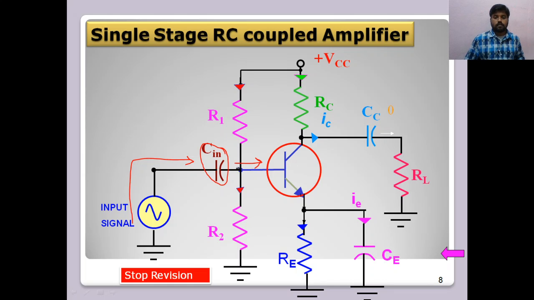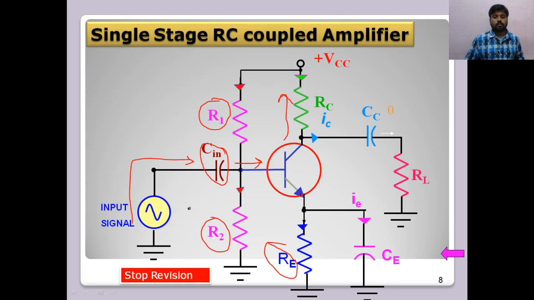And here the R1, R2, and RE are the biasing and temperature stabilization resistors. And across the RC, here you get the output.